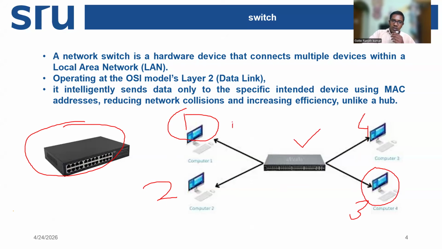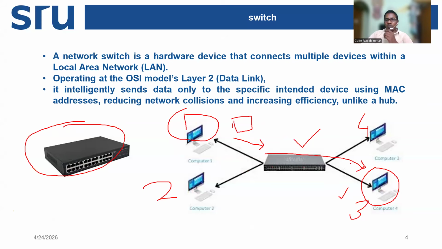The message sent from the first system goes to the switch, and the switch learns the address of the destination system. The destination system is the third one.